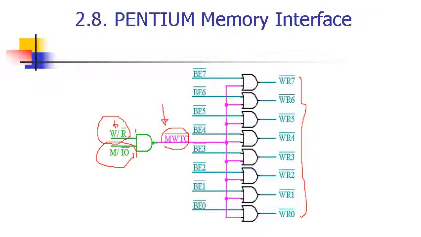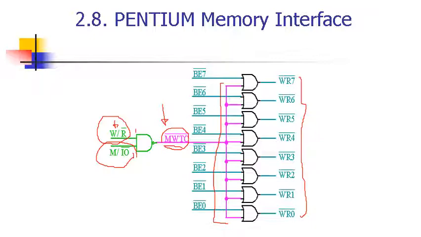This is the microprocessor write control. This is memory write control. This memory write control is fed to all 8 OR gates, which are used to generate the write strobes for each of the 8 different banks connected to the Pentium processor.